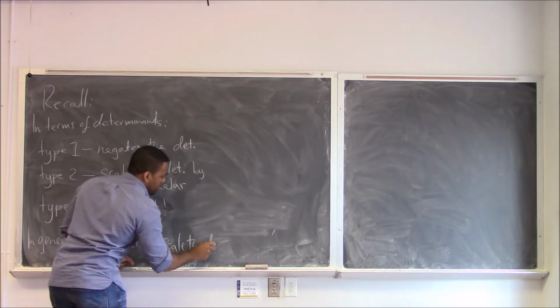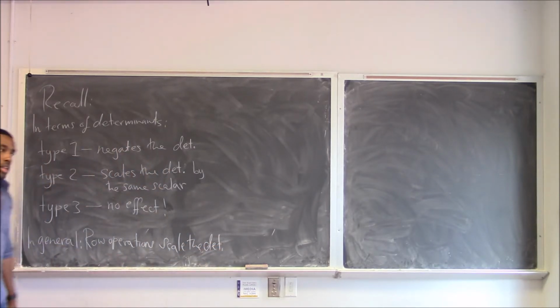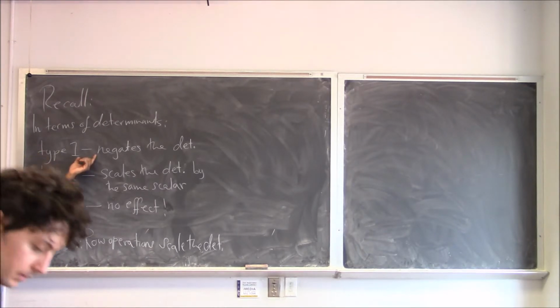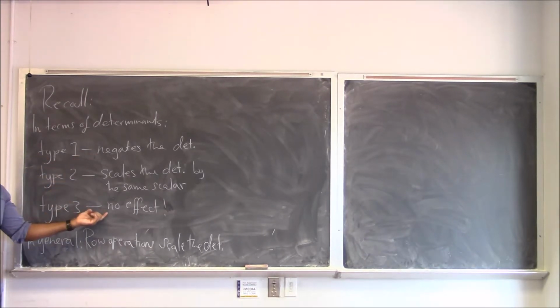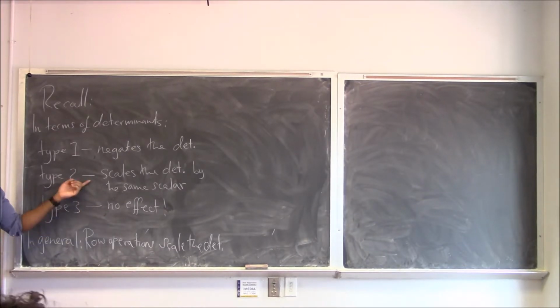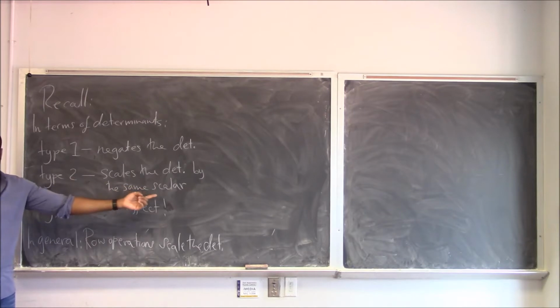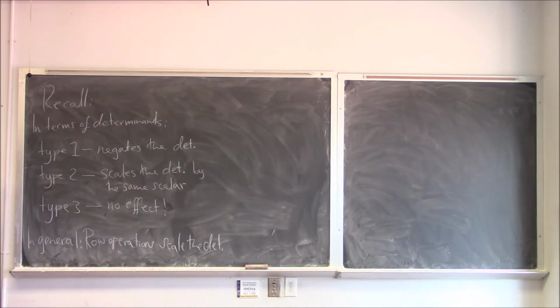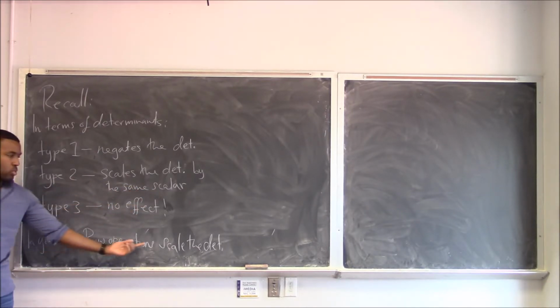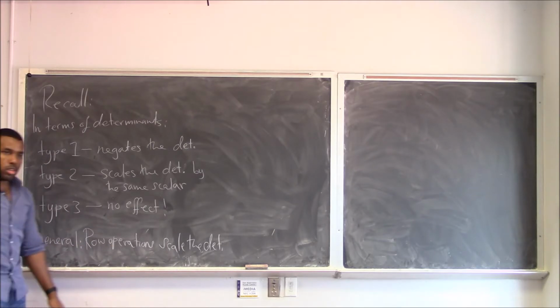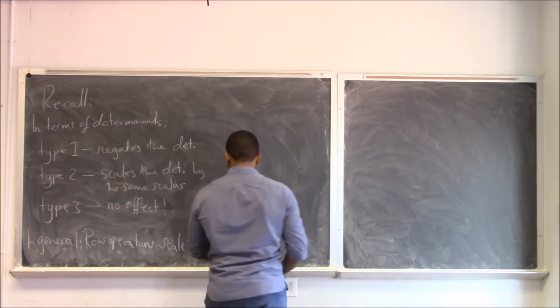This is how they affect determinants. They'll either scale by -1, if you do a type 1. It'll scale by +1, in other words, having no effect, if you do a type 3. If you do a type 2, it'll scale by the same scalar that you used in the type 2 operation. So the effect of a row operation is to scale the determinant. That's an important idea to know.